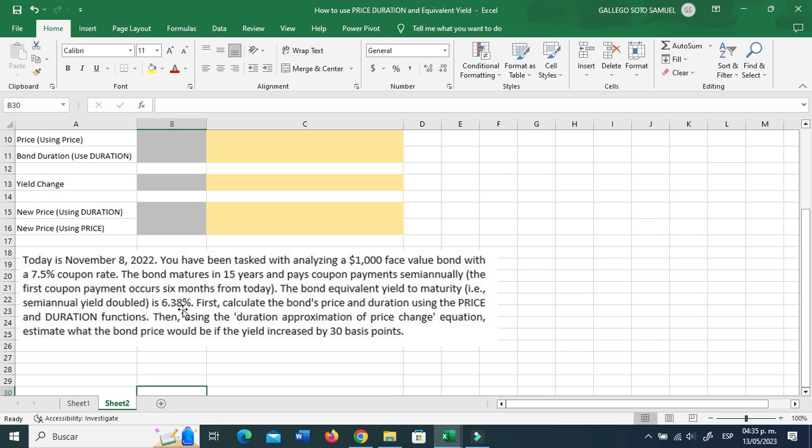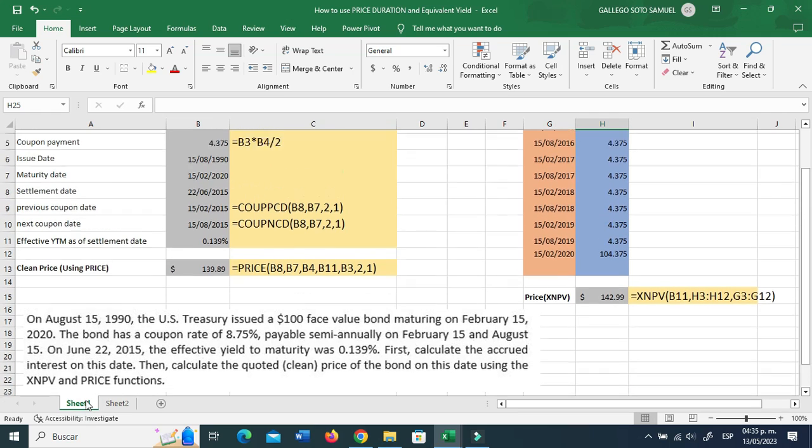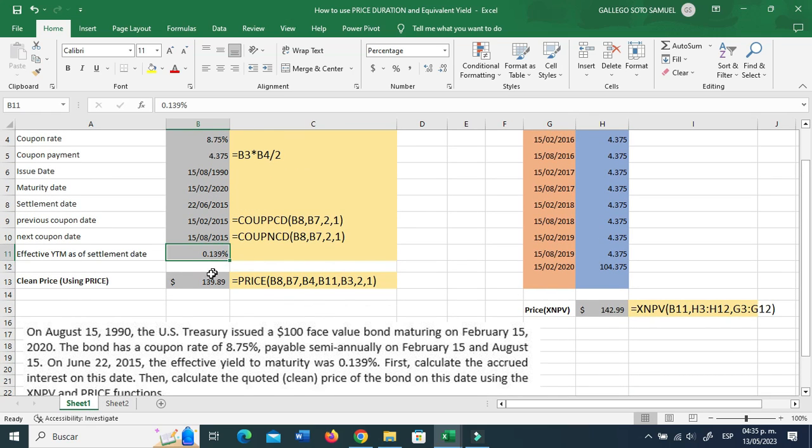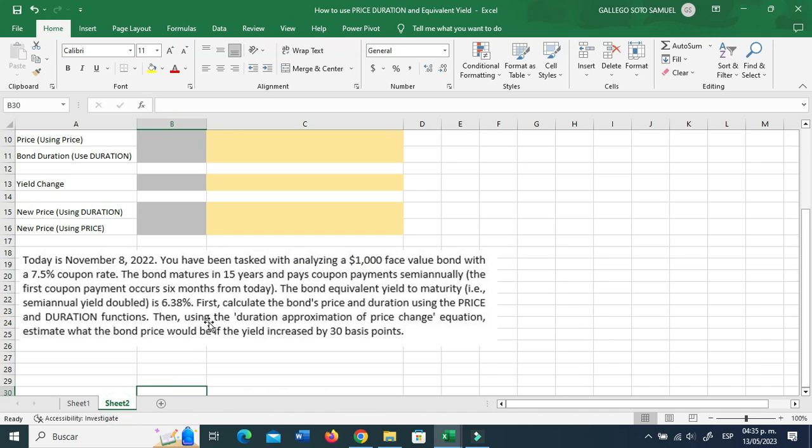And look, we have a YTM which is 6.38%, as opposed to the other value that we have over here, which was 0.139. I wanted to call your attention to that one. First, calculate the bond's price and duration using the price and the duration function.